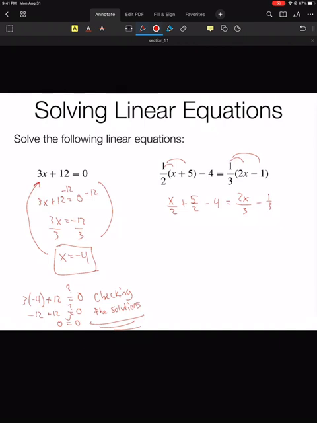Since I'm working with fractions, and fractions can often be challenging to work with, I want to get all of the fractions and even the whole numbers to have a denominator that is equal. So then I can work everything together. And so I have a denominator of 3 on the right side and 2 on the left side. And so the least common denominator of 2 and 3 is 6. Okay, so if I multiply them together.